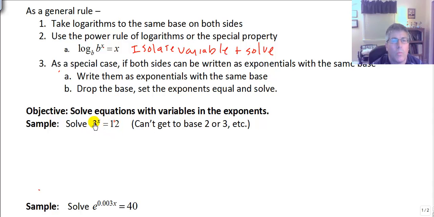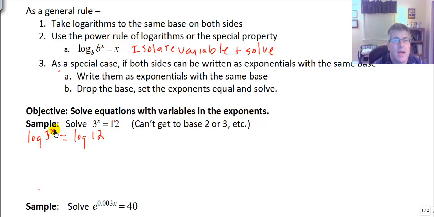There's no way to rewrite 12 in base 3. So what we will do with something like this, we will take the logarithm of both sides. So we'll say log, common log base 10, of 3 to the x equals log 12. So as I said, we logged both sides.